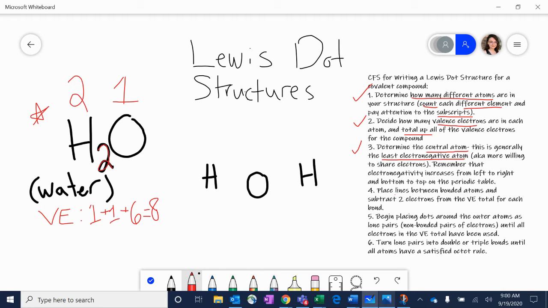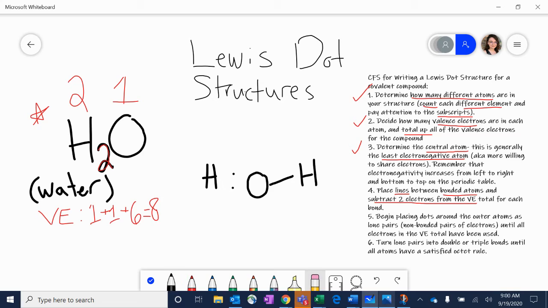Now I need to place lines between bonded atoms and subtract 2 electrons from my valence electron total over here for each bond. So there's a bond between an oxygen and a hydrogen, and there's a bond between an oxygen and a hydrogen. Keep in mind, each bond represents a shared pair of electrons.